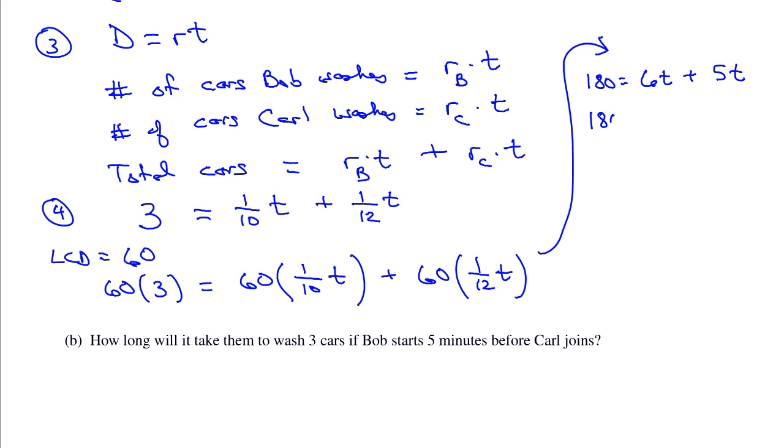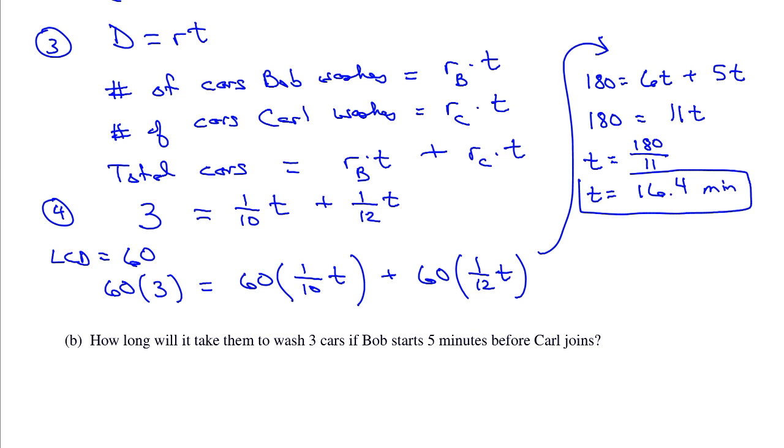Combine the like terms on the right. We get 11t. And then divide both sides by 11. And 180 divided by 11 is 16.4. This is time, so this is minutes. So if they work together, it'll take them 16.4 minutes to wash all 3 cars.